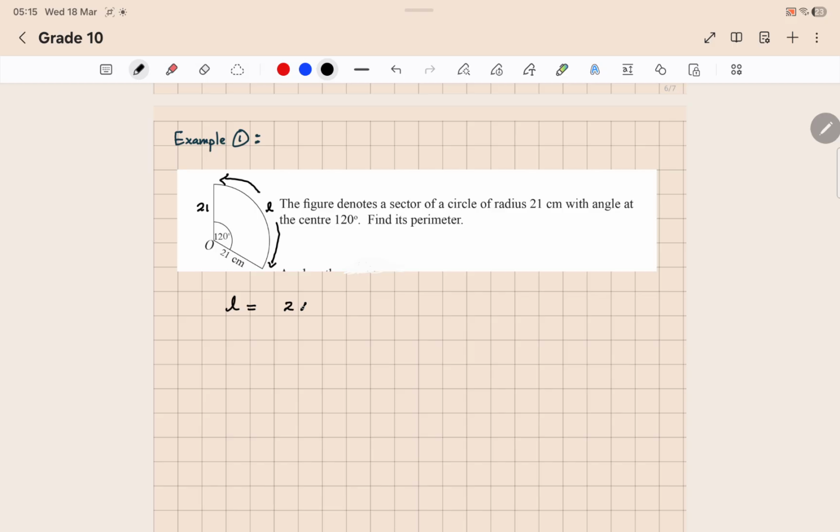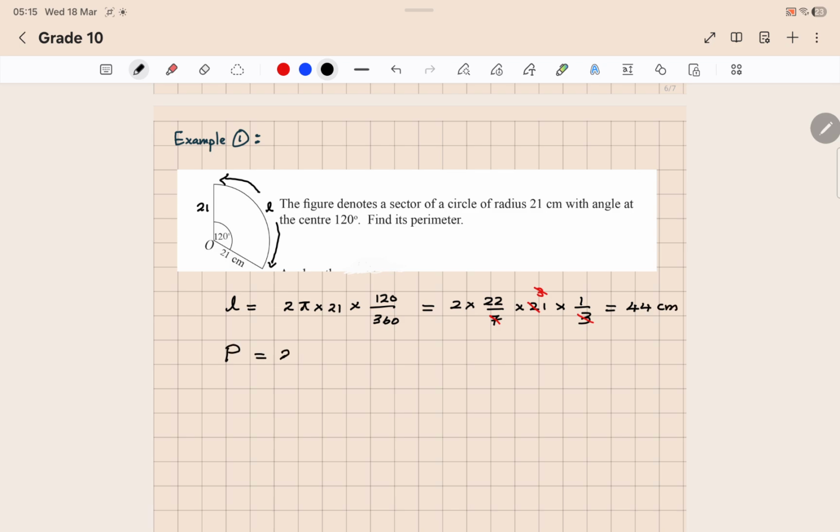So 2 pi, radius is 21, angle is 120 over 360. So simplify, 2 times 22 over 7 times 21 times 1/3. So cancel 3, this cancels with this, 44 centimeters. So then the perimeter is what?